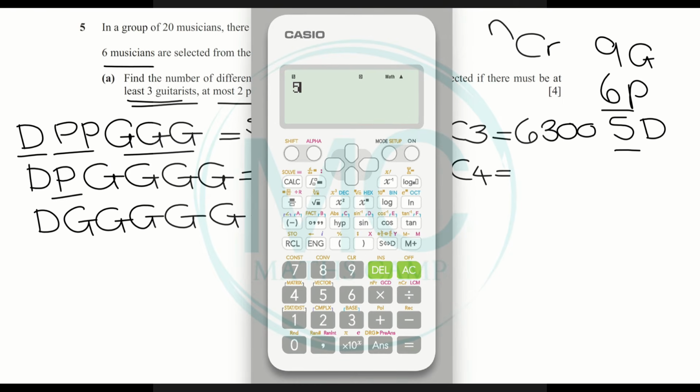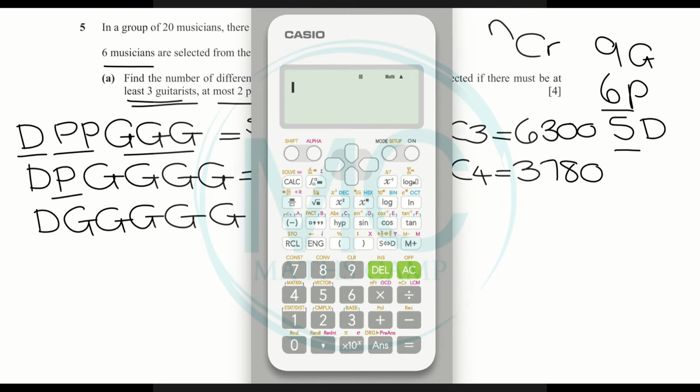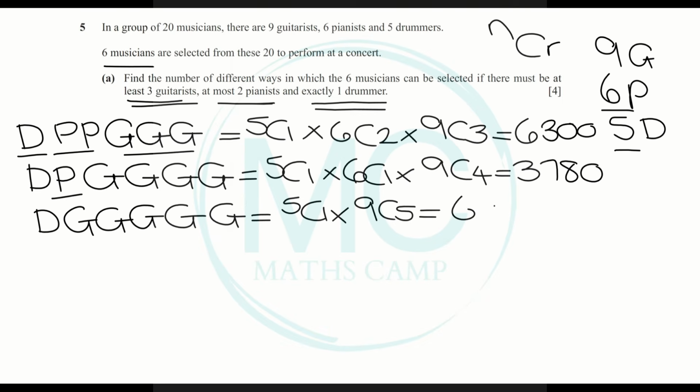Again, we have 5C1 multiplied by 6C1 multiplied by 9C4 is equal to 3,780. And finally, our third group, 5C1 multiplied by 9C5 is equal to 630.